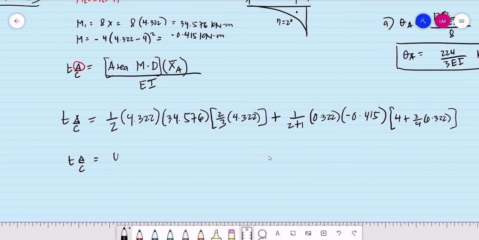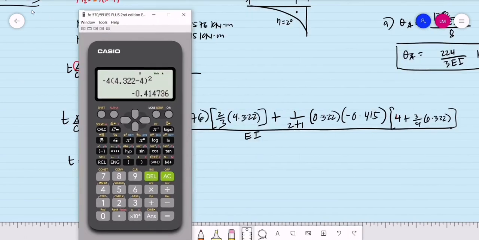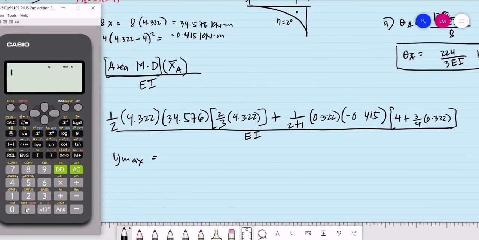That is the same as the maximum deflection. I keep on forgetting that this should be divided by EI. So we have the maximum deflection now equal to, for the triangle, 0.5 of the base of 4.322, multiplied by 34.576. Then the distance of the centroid towards point A is 2/3 of 4.322.